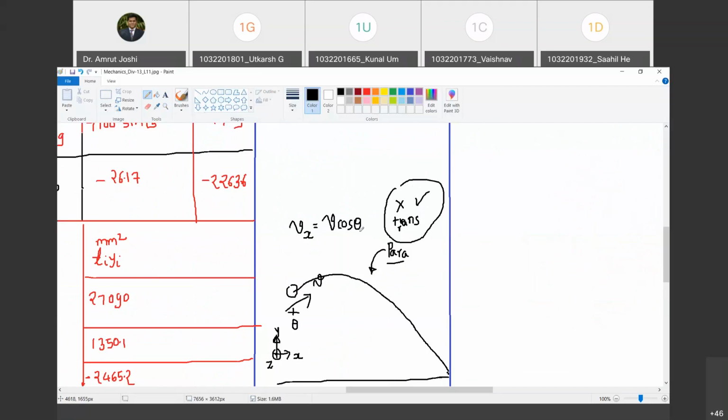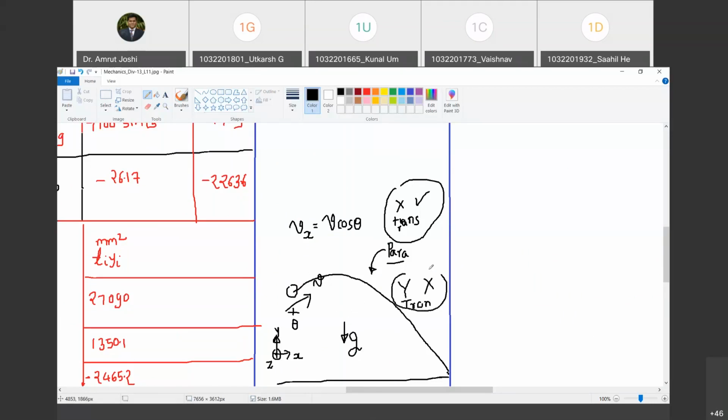And now, what about y direction? As this object moves along this path, what happens to velocity in y direction? It will change. Yes, because of gravitational acceleration g, the velocity in y direction is going to change. Therefore, the body is not at all in translational equilibrium along y. Do you agree with me?